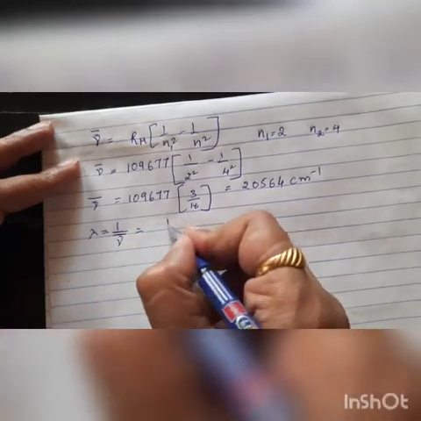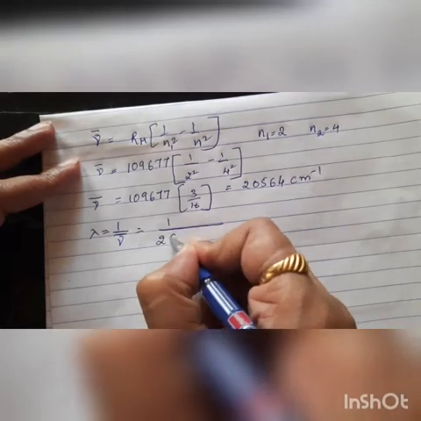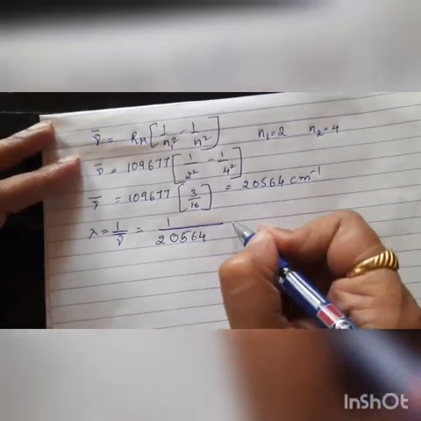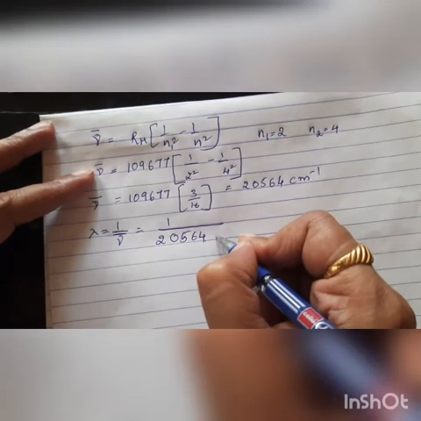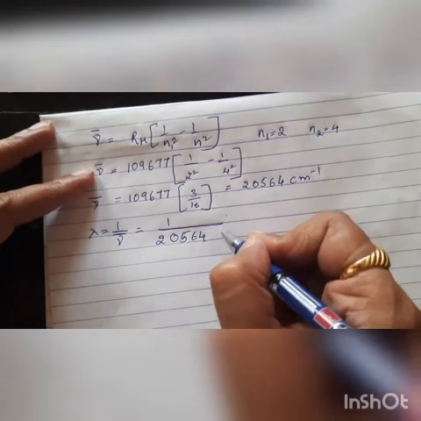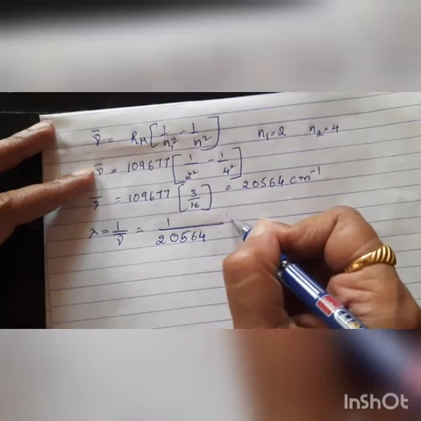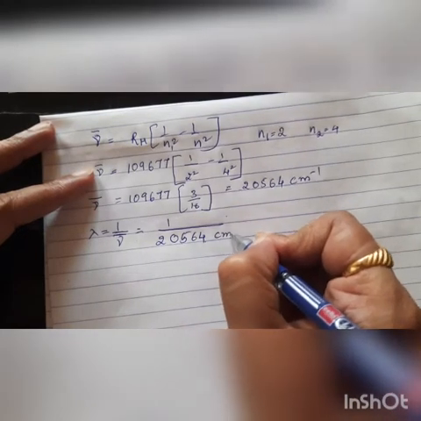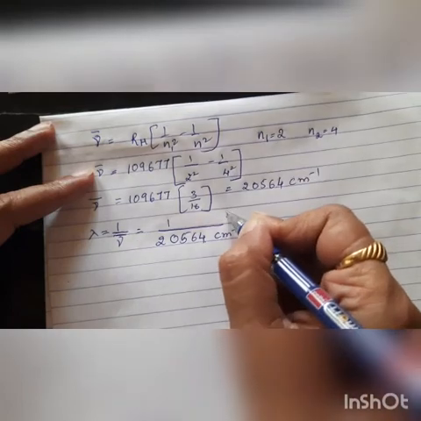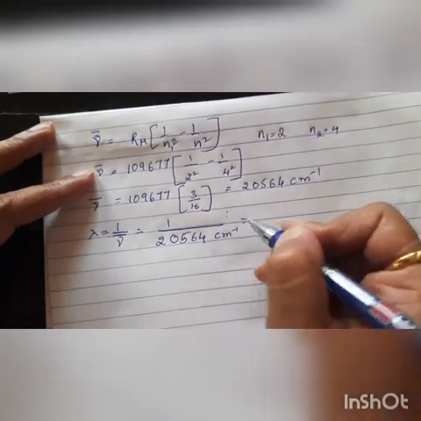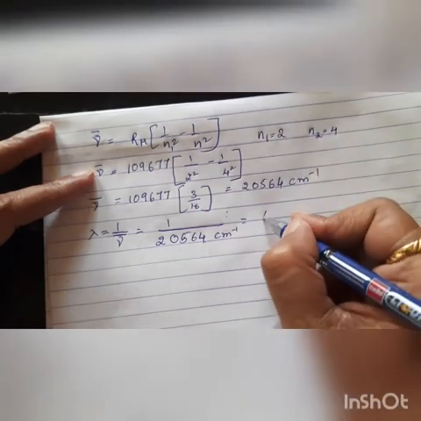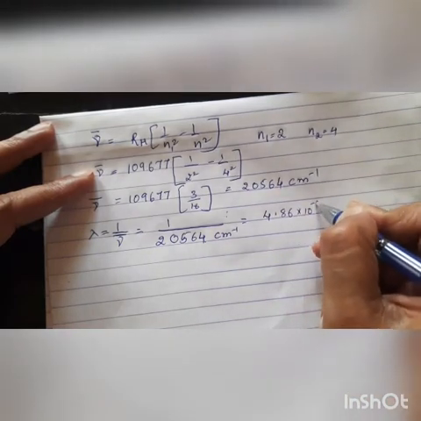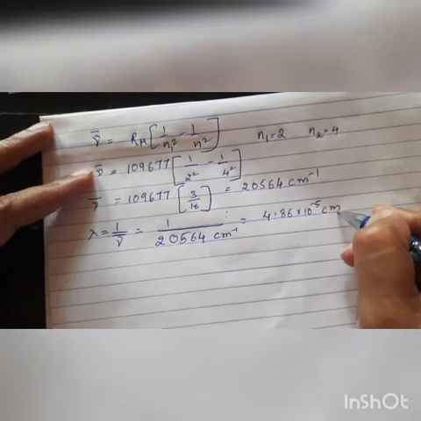So we get 1 divided by 20564 per centimeter. Since the per centimeter comes to the numerator, it gets converted into centimeter. So you get 4.86 into 10 raised to minus 5 centimeter.